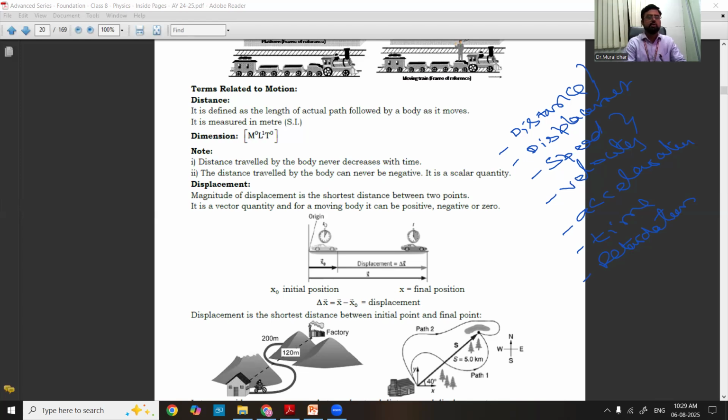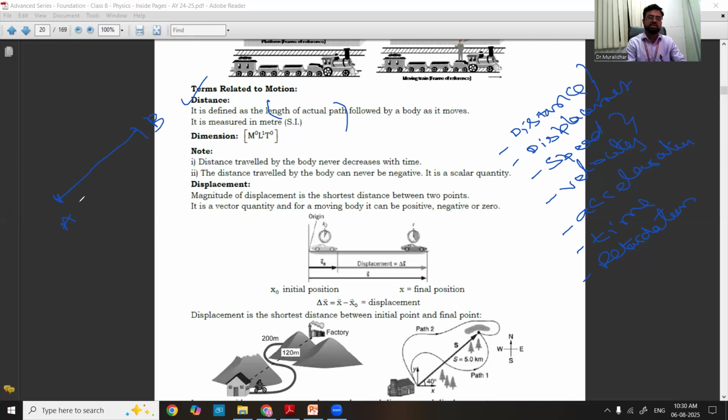Terms related to motion. So the first one is distance. It is defined as the length of the actual path followed by a body as it moves. Length of the actual path. Suppose we are starting from A and we move to B, your house to school.